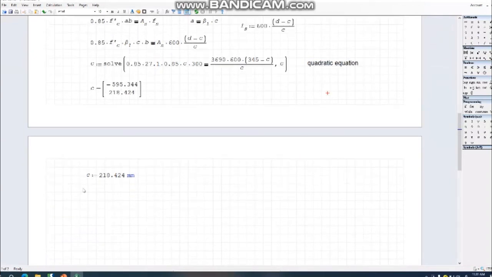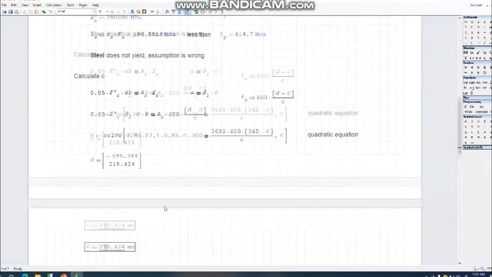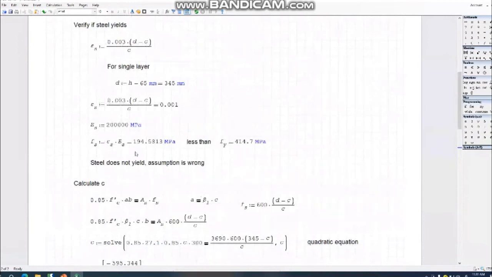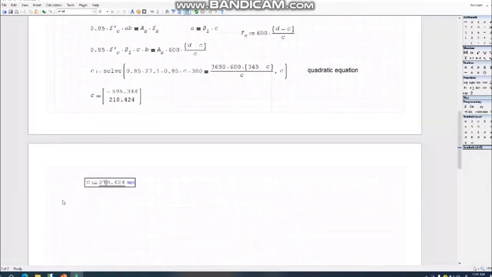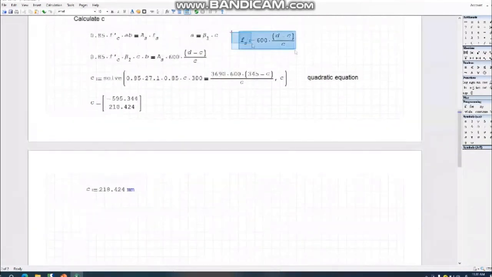Okay, so I now have my C. Therefore, I can now compute our Fs. I can copy and calculate this one.